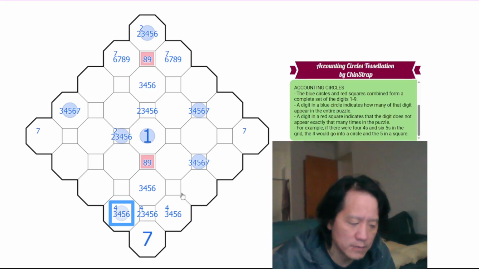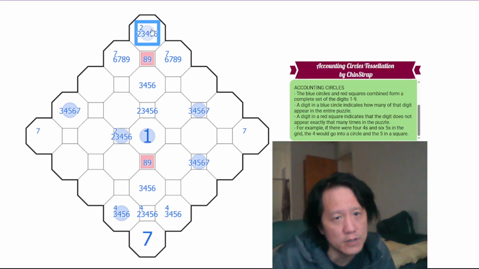We have 6 sixes. We know we have a 7 in one of the corners. So 6 cannot... Okay, so 6 could be here, technically.